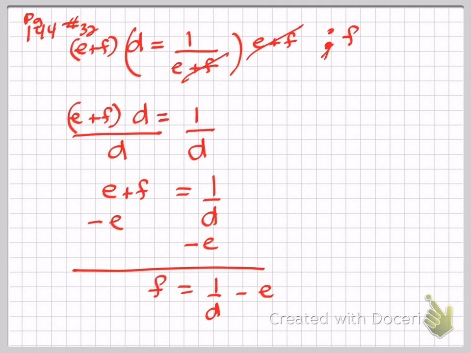Yes? How would you know that you have to multiply by D instead of like D plus the quantity? I didn't multiply by D. Where are you looking at? Okay, so let me just go back.